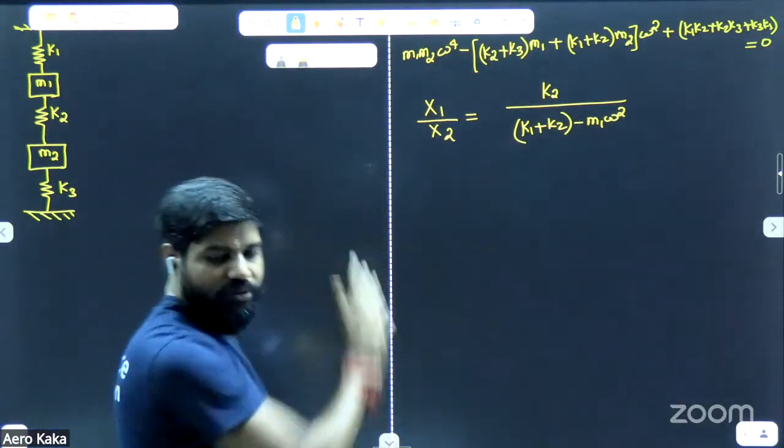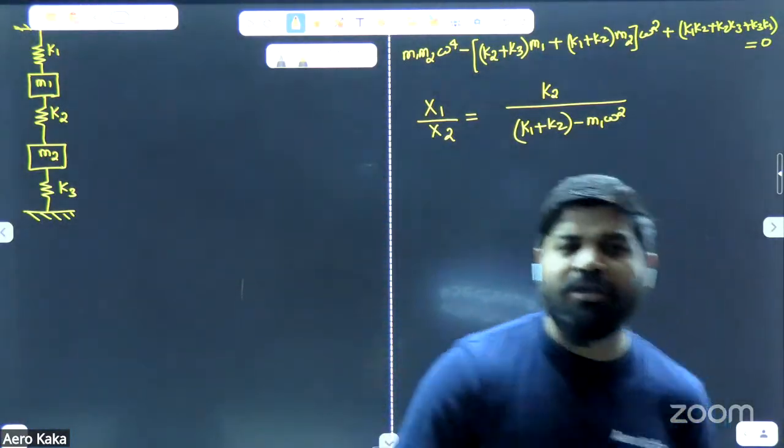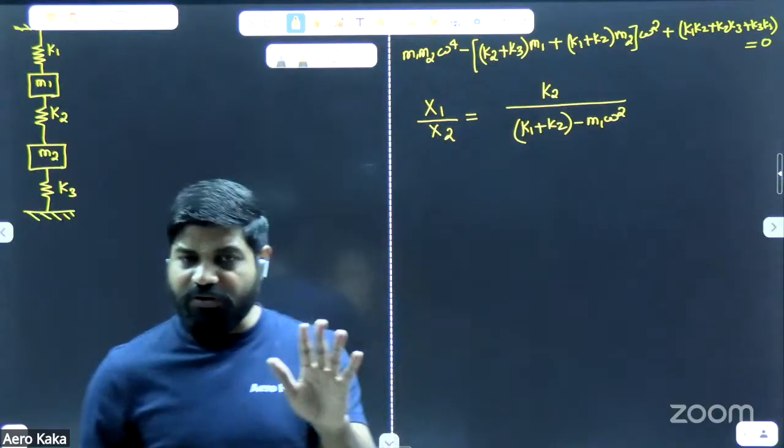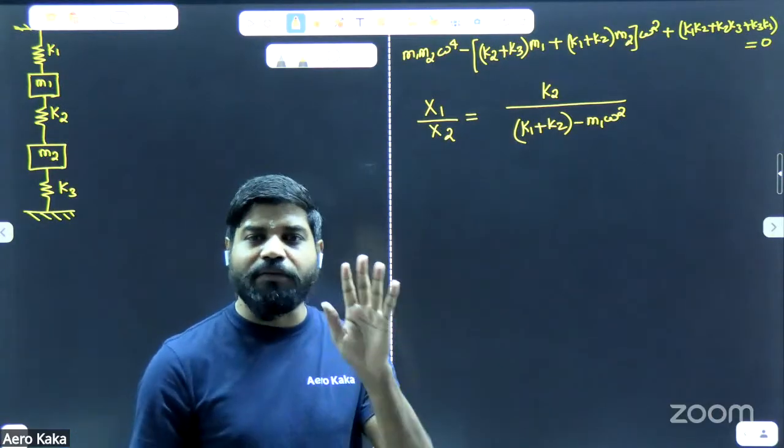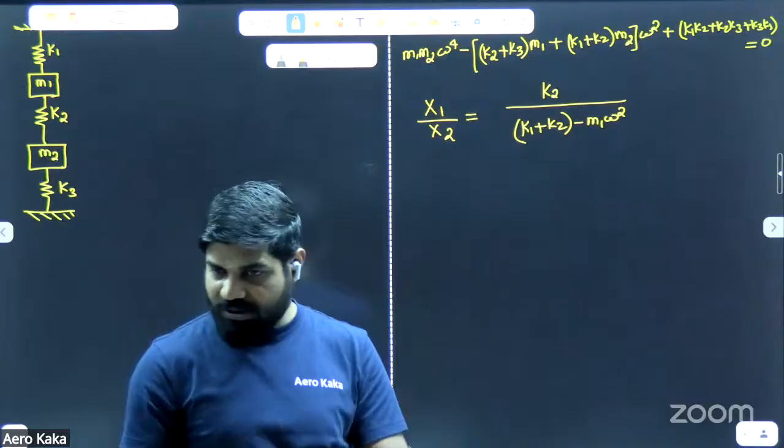If you know these two things, you can find out the natural frequencies, or the mode shape, of any 2 degree of freedom system.